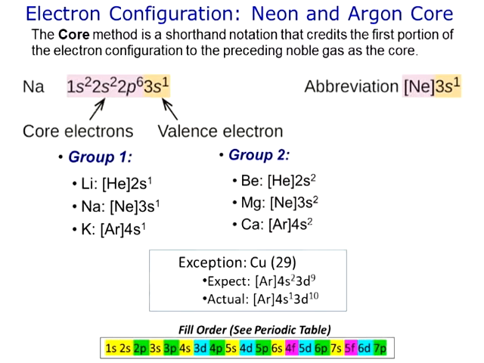That transition element should end with 3d9. However, because of the proximity and the closeness in energy of the 4s and the 3d for copper, it actually promotes one of the electrons from the s to the d, and this is what its electron configuration would look like.